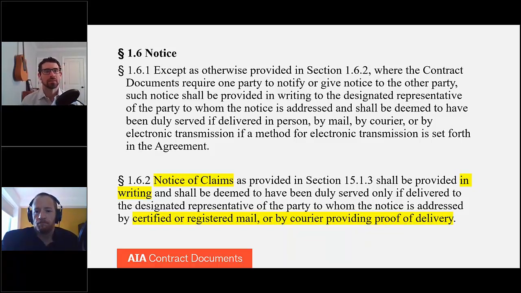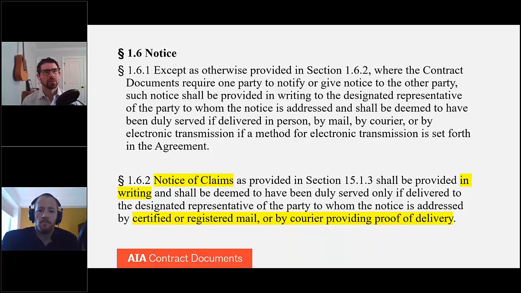Sure. So I think that's a great question. It's something that I think a lot of people wonder about, why the notice provision is set up this way. And the reason why is because a claim is a big deal. A claim triggers a lot of other things and a lot of other requirements and deadlines and actions on behalf of both parties, both the party giving the notice and the party receiving the notice.